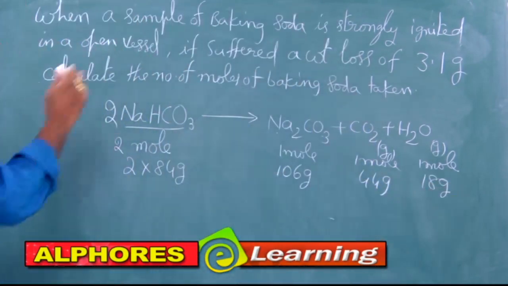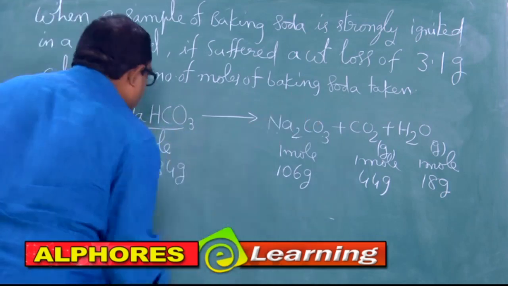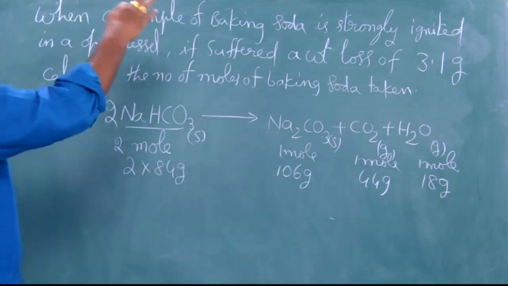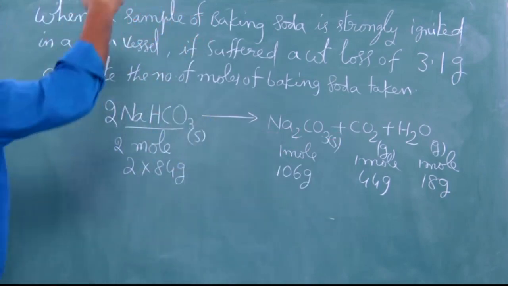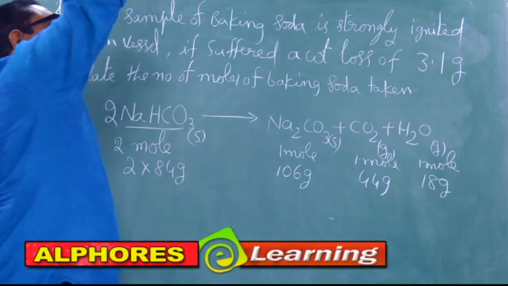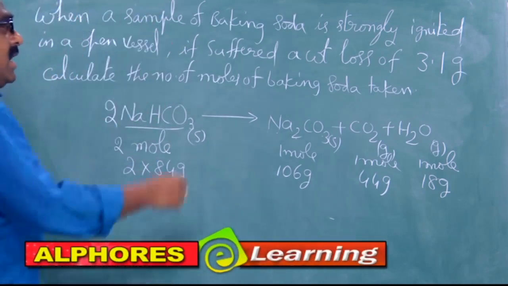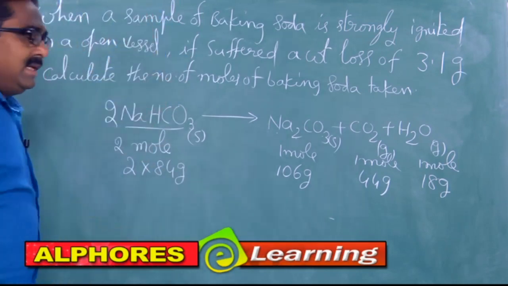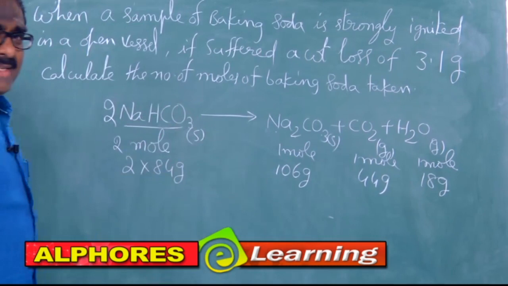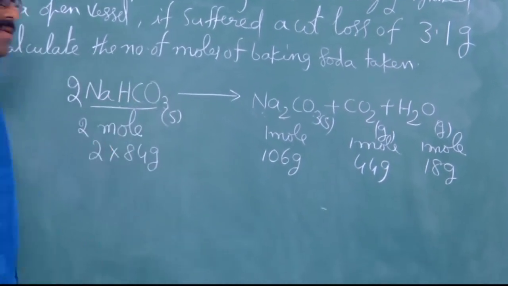He has given that it suffered a weight loss. What exactly is the weight loss here? The sodium carbonate is solid and on strong ignition, meaning high temperatures, in an open vessel water gets evaporated and carbon dioxide will be released as gas. The loss is due to both carbon dioxide and H2O from this compound.